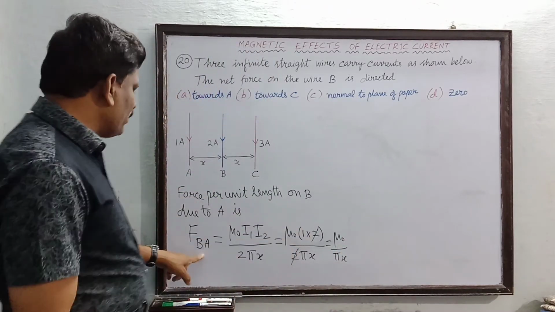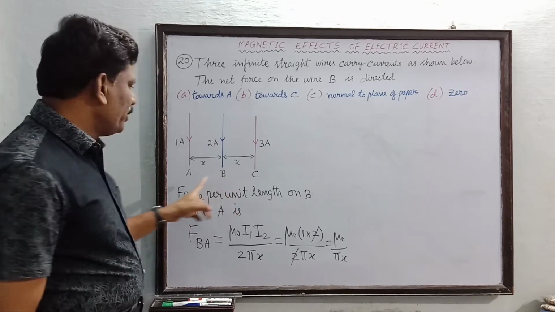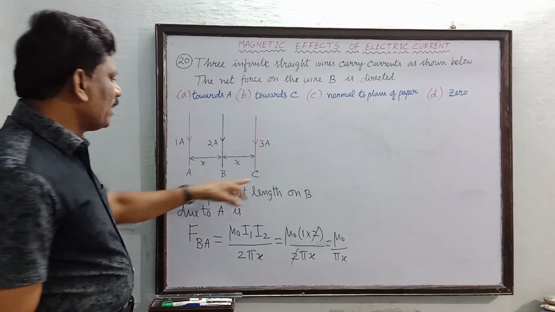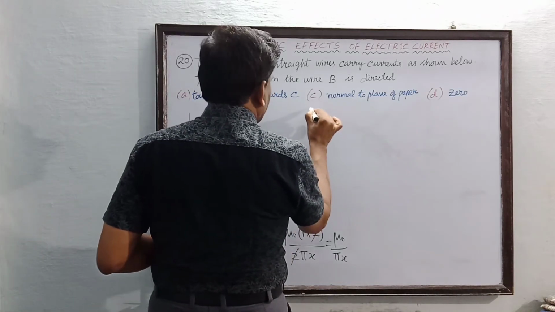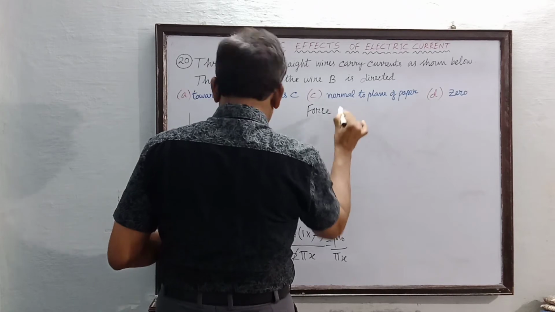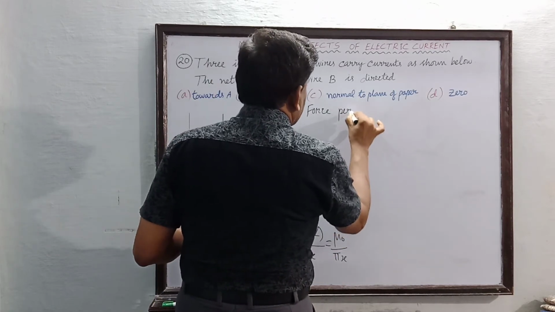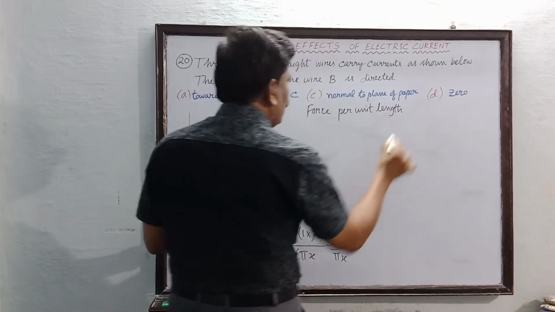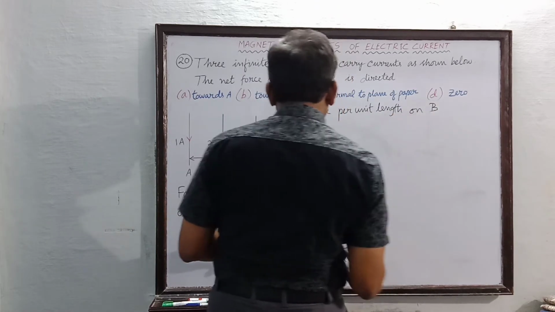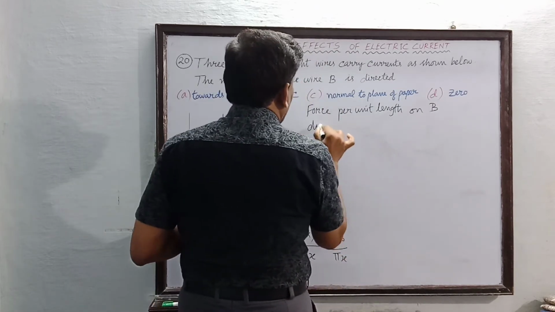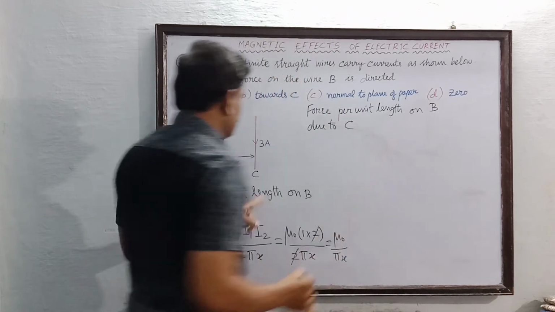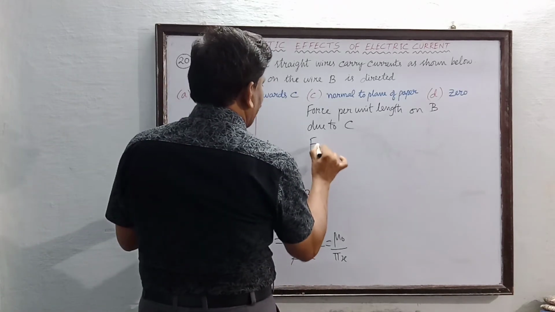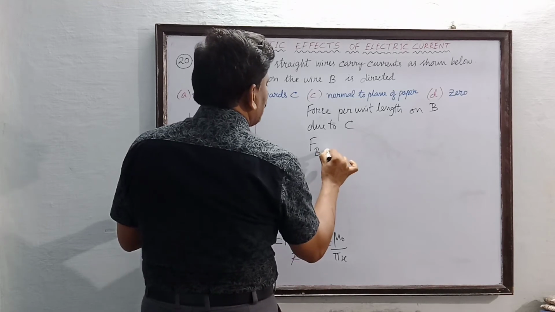So this is the expression for the force acting on the conductor B due to the magnetic field of the conductor A. Similarly, the force per unit length acting on the conductor B due to the conductor C is denoted by the symbol FBC.